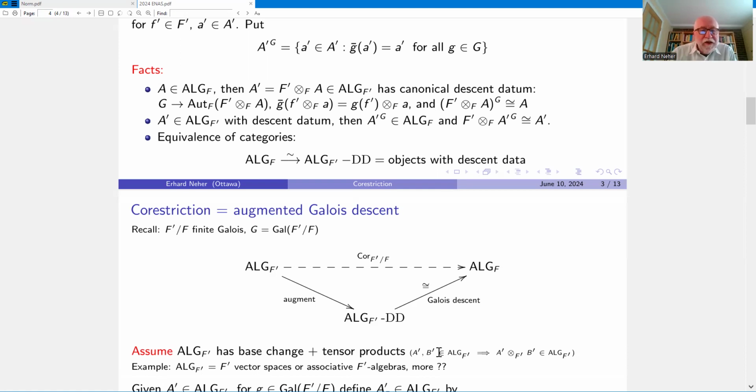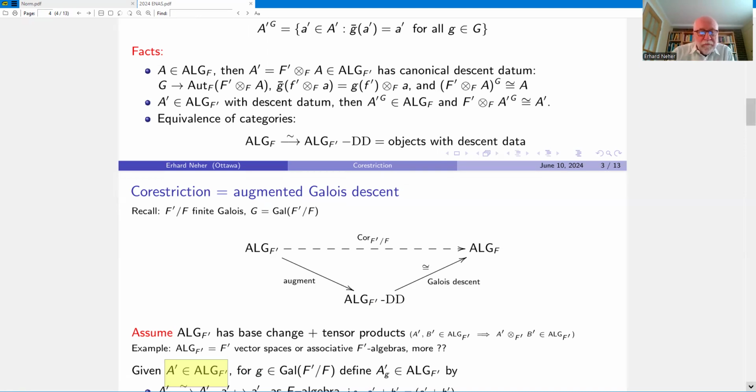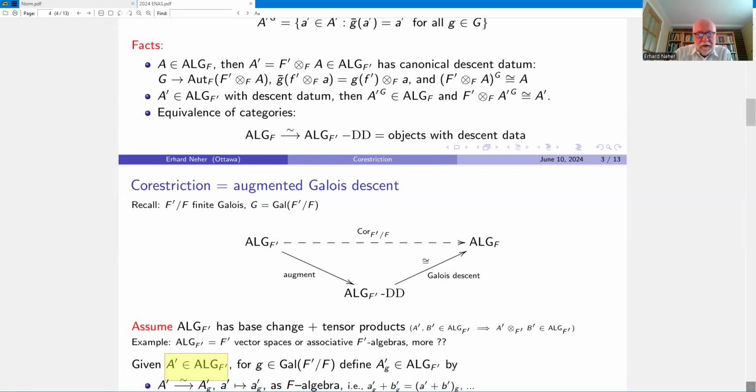Okay, so that is, to start with an object A prime in Alg F prime, increase this object so that it has a Galois descent datum, and then use Galois descent. So how do we increase the object? Well, let g be an element of your Galois group.